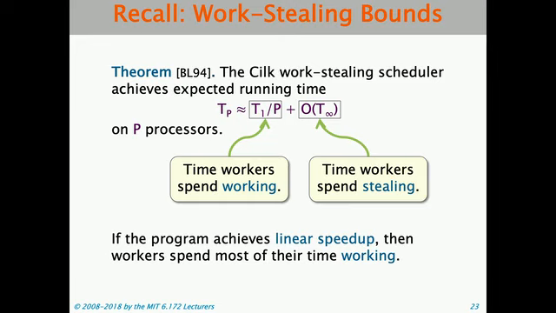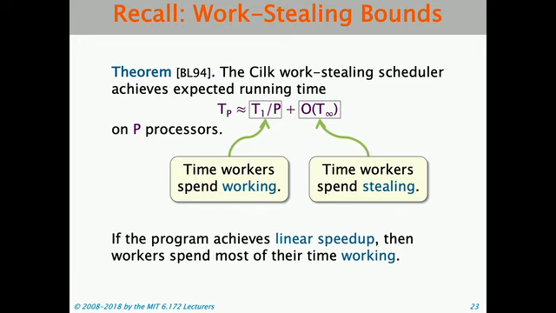The T1 over P part, that's really the time that the parallel workers on the system spend doing actual work. There are P of those workers. They're all making progress on the work of the computation. That comes out to T1 over P. The other part of the bound, order T infinity, turns out to be the time that workers spend stealing computation from each other.